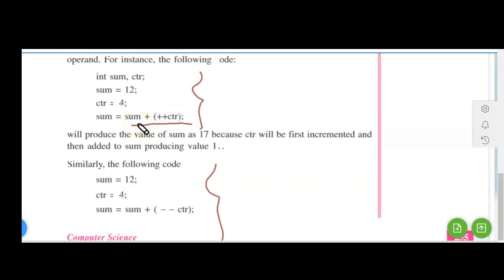That means the value of sum is 12. In the first portion it is 12, and then CTR is incremented by 1, that means 4 becomes 5, and then the result will be 17. The final result will be 17.